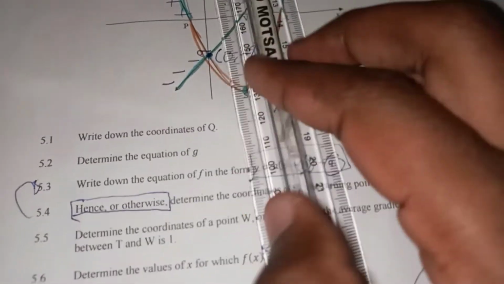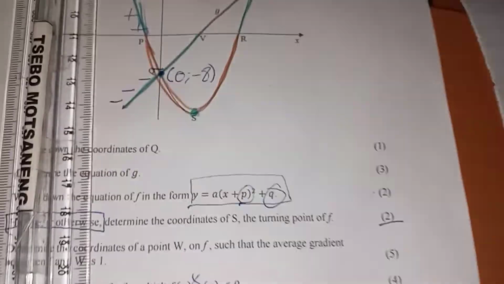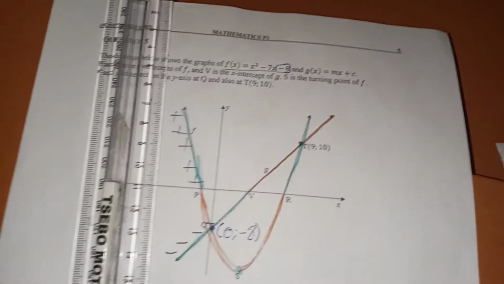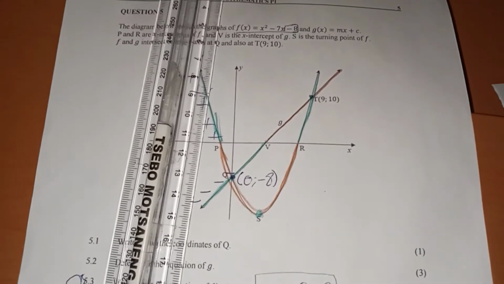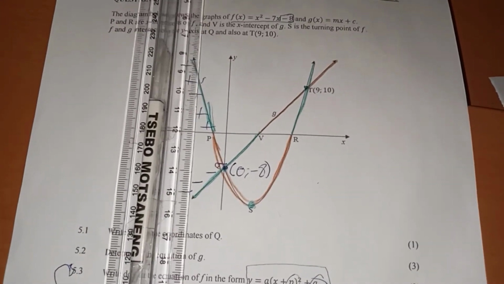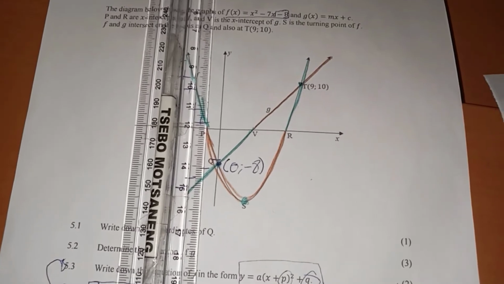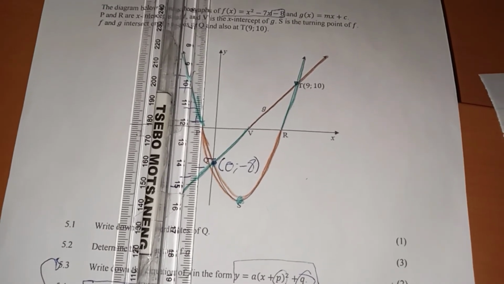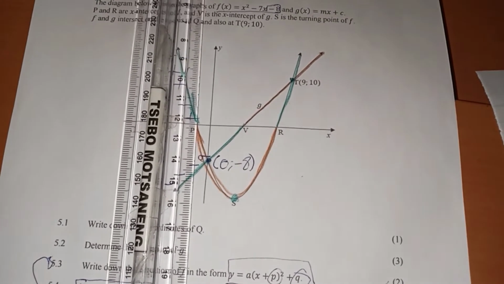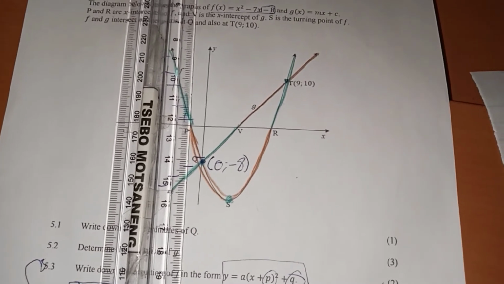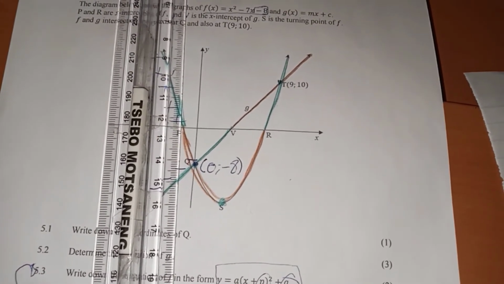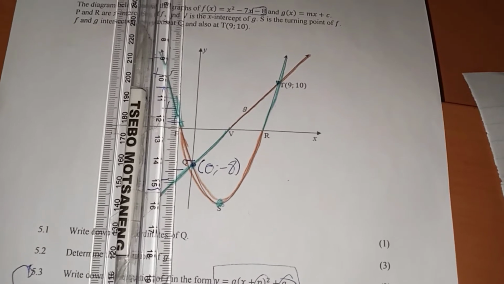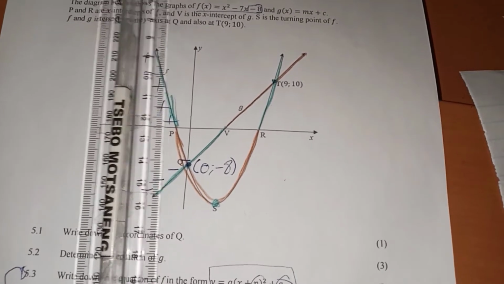So by using a ruler, I'll use it. So what I have here is basically, I can just see that going to the left-hand side until this point, from my point P until now, where?